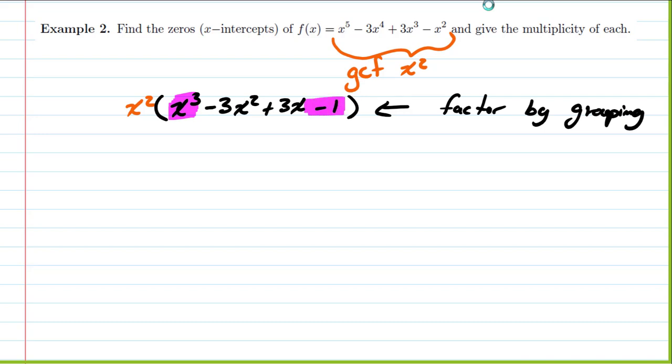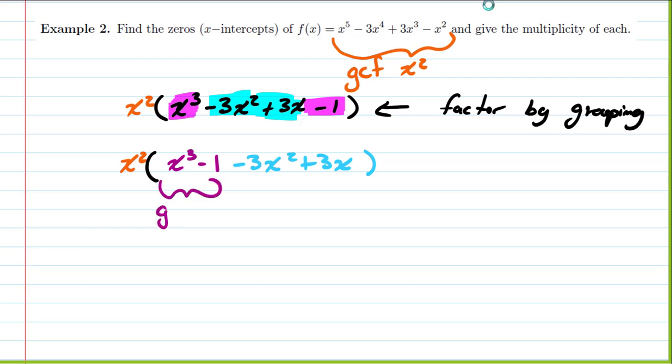So we're actually going to group the first term and the last term together. So that's going to give us x squared times, and then group 1 is going to be x cubed take away 1, and group 2 is going to be the two terms in the middle. So minus 3x squared plus 3x. So this is our group 1. And blue is going to be group 2.